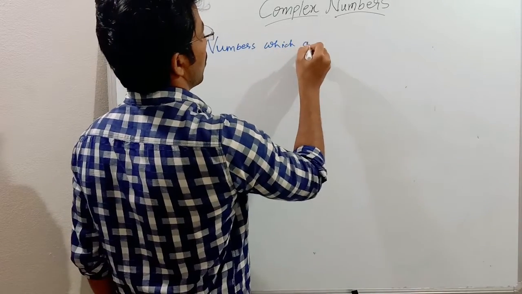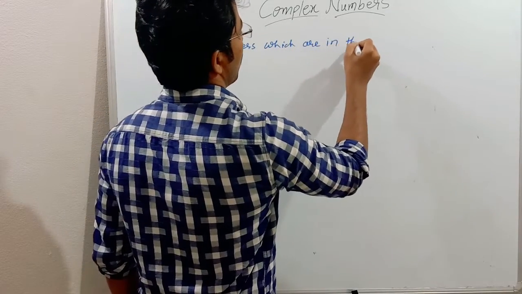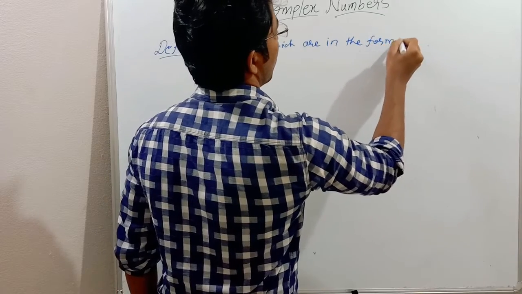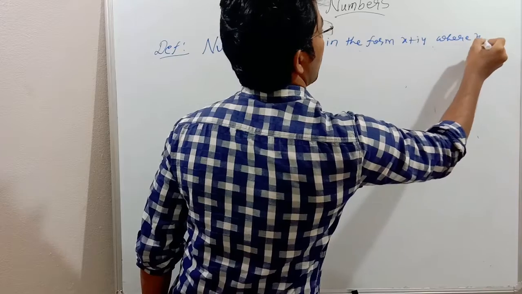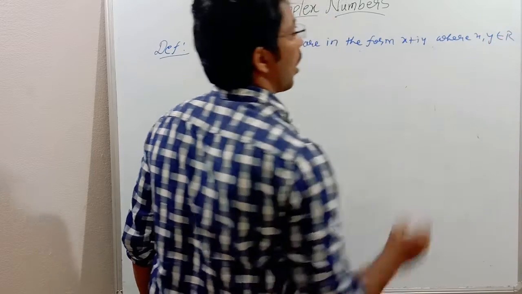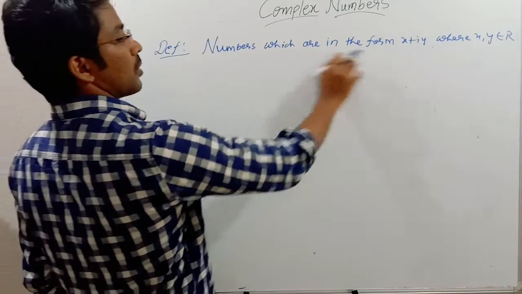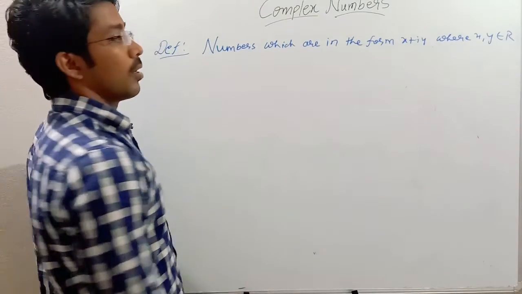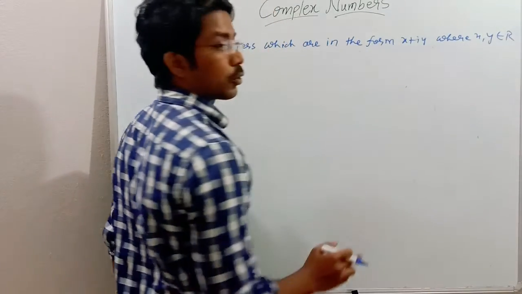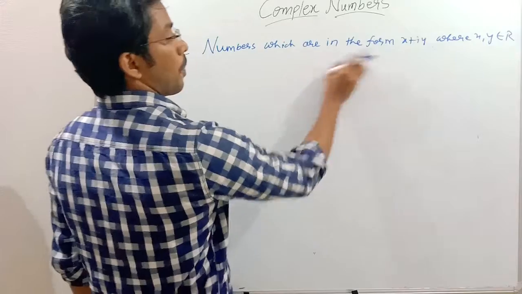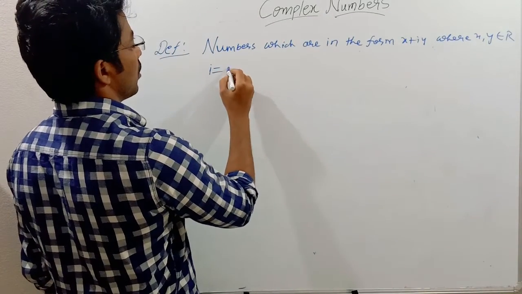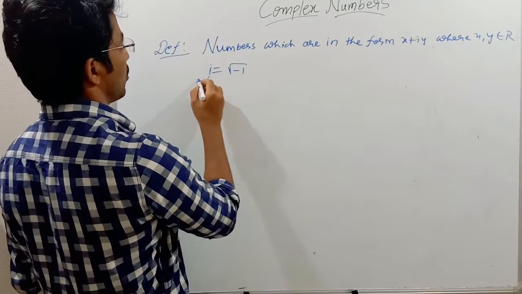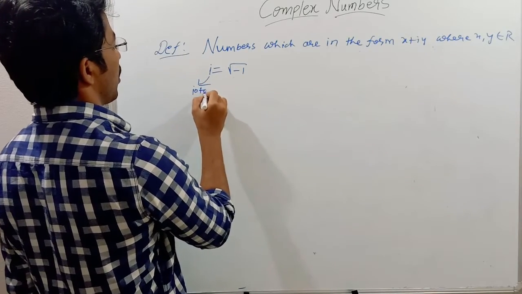which are in the form of x plus iy where x comma y belongs to R, nothing but real numbers. So numbers which are in the form of x plus iy where x comma y belongs to real numbers, where i is -1. i is nothing but iota.